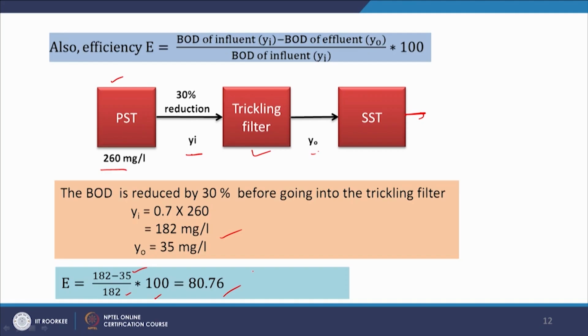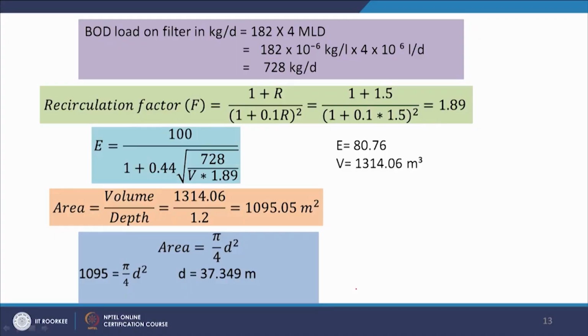Okay. So, this is the calculation for the determination of efficiency: BOD influent minus BOD effluent divided by BOD of the influent into 100. This efficiency value we will use in our empirical relationship to find out the volume. Now, what is the BOD load on the filter in kg per day?